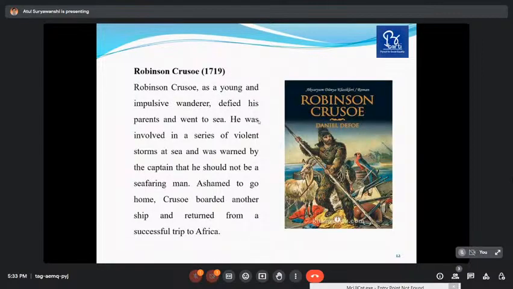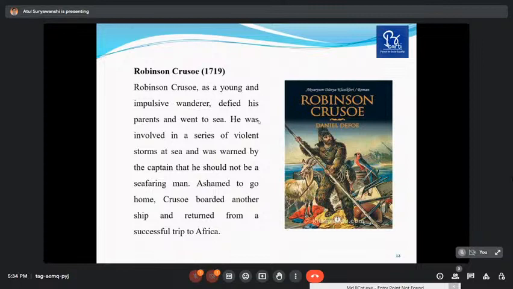So Robinson Crusoe, which he published in 1719: as a young and impulsive wanderer, he defied his parents and went to sea. He was involved in a series of violent storms at sea and was warned by the captain that he should not be a seafaring man.